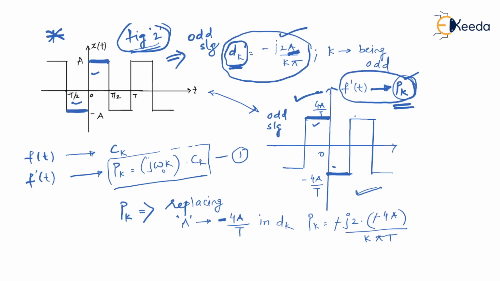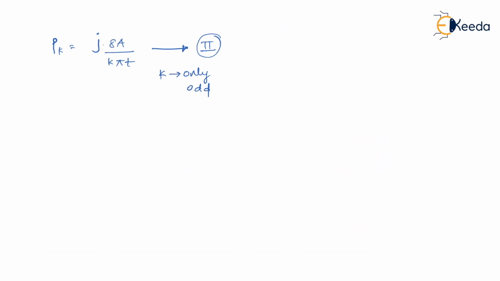Let me compare 1 and 2. Equation 1 says pk value is j omega naught k times ck, and equation 2 says pk is equal to j times 8a upon k pi T. So from equation 1 and equation 2, I see that the left hand side is the same, so I can equate the right hand sides.